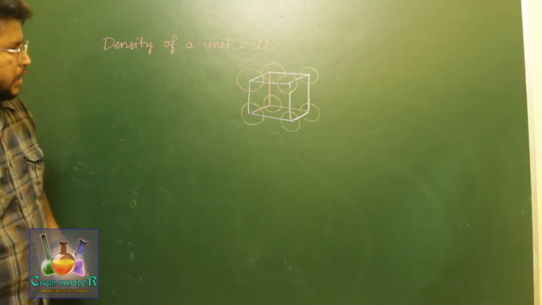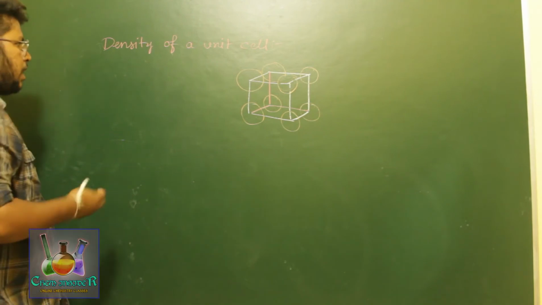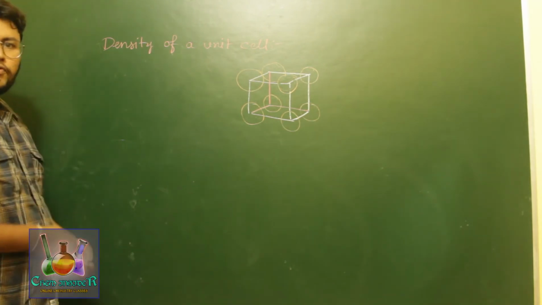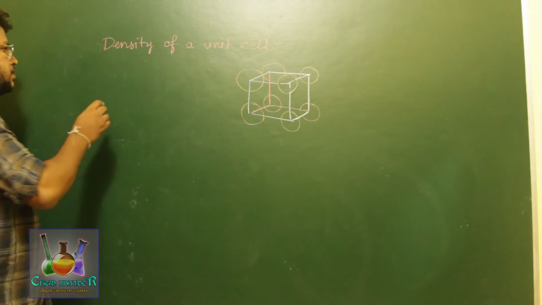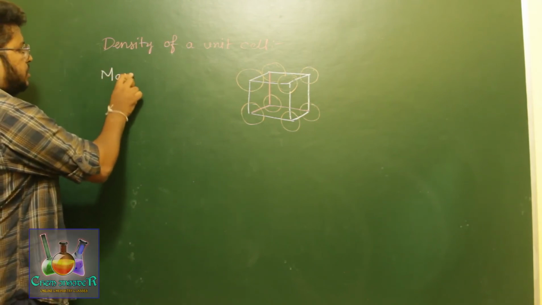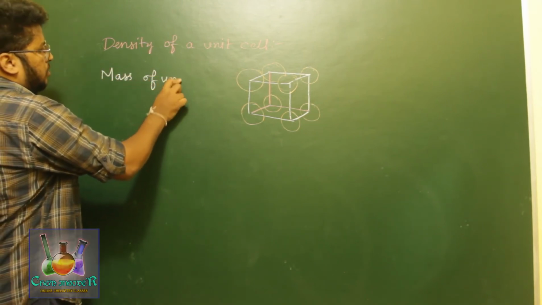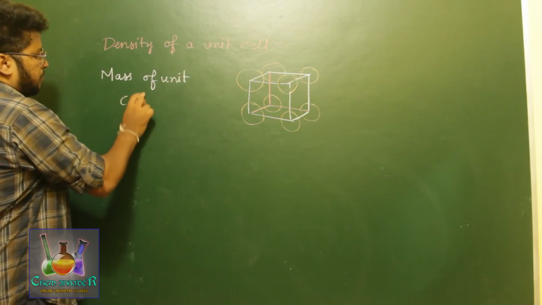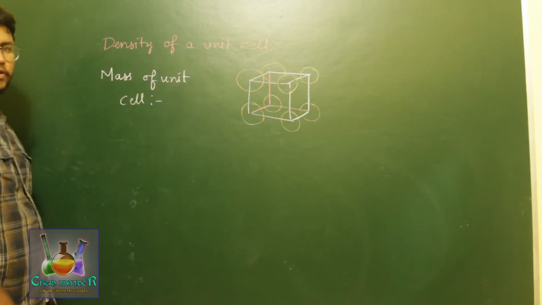Therefore, if you have to calculate the density of a unit cell, first we need to know about certain terms, such as the mass of a unit cell. So what is this mass of a unit cell?